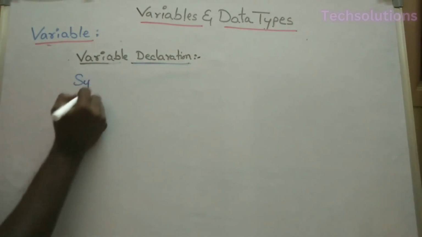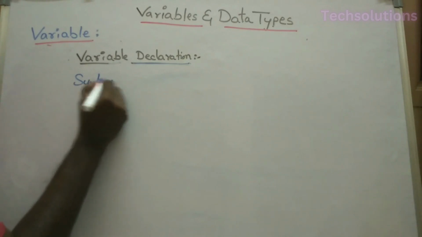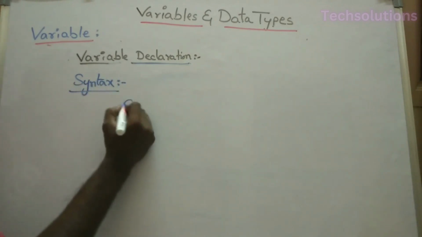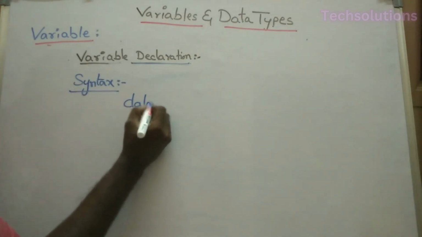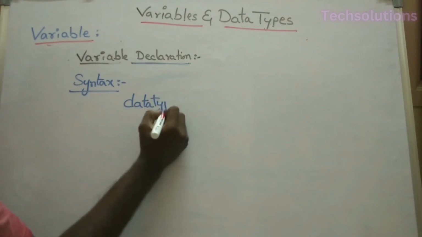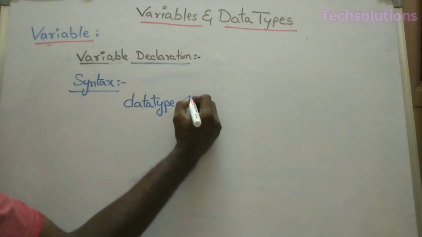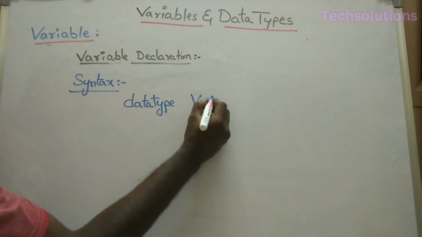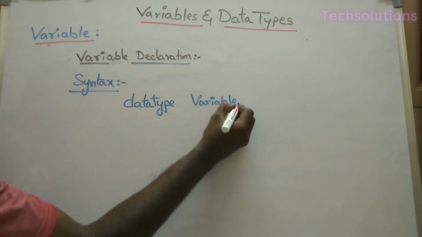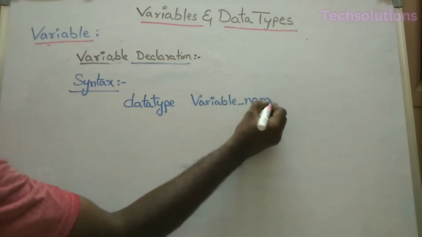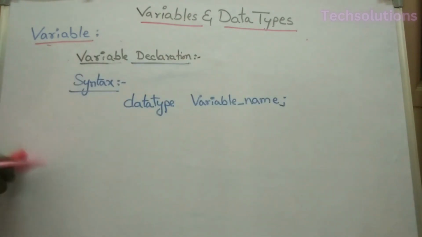Now what is the syntax for declaration of the variable? The syntax is data type, space, and then the variable name. It is the syntax for declaration of the particular variable.